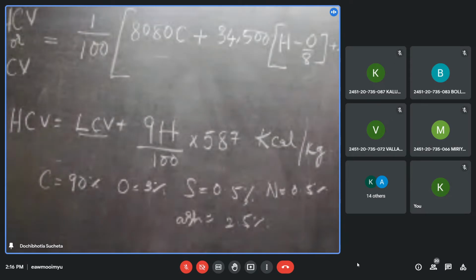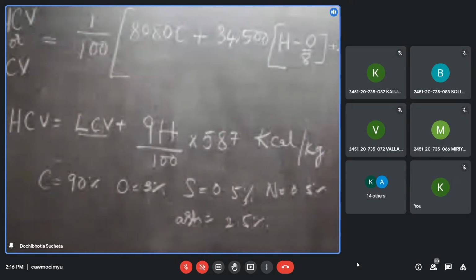The amount of oxygen required is equal to 32/12 into C plus 8 into (H minus O/8) plus S kilocals, or calories.